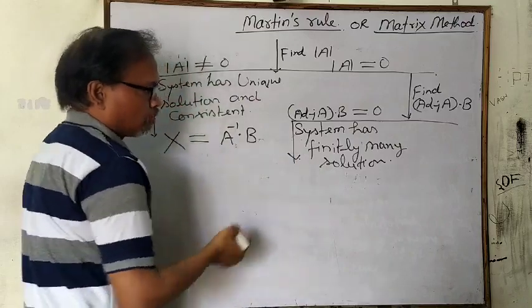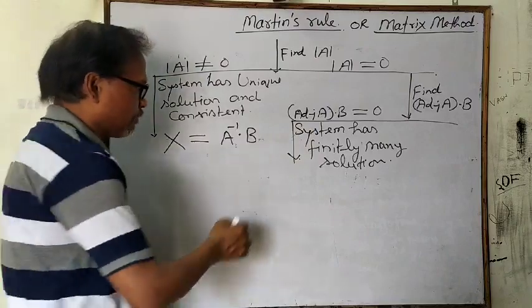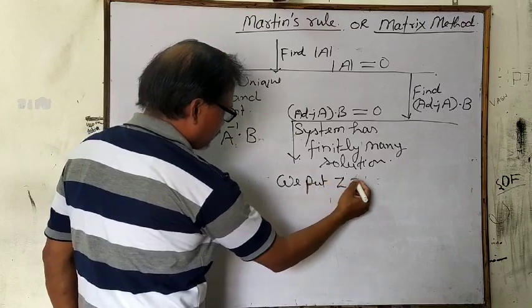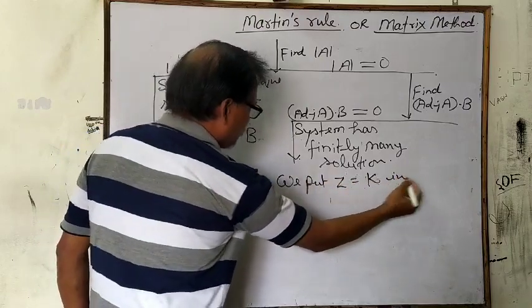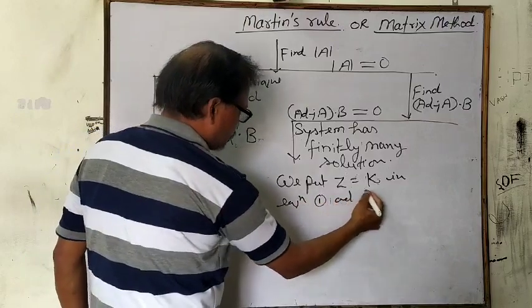Then how to solve this system if we have finitely many solutions? In this case, we put z equal to k in equations 1 and 2.